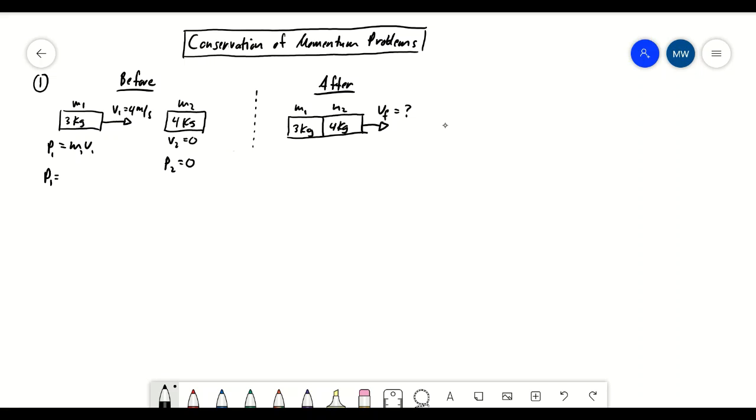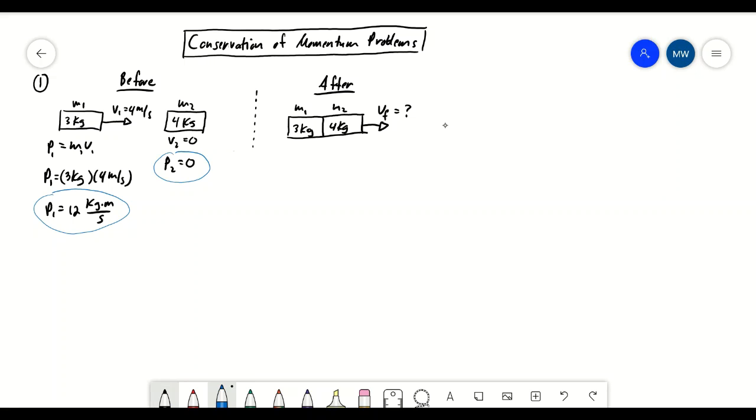P1 equals 3 kilograms times our 4 meters per second. That means this has momentum of 12 kilogram meters per second. If I compare the momentum for each object, I've got 12 kilogram meters per second, and I have 0.